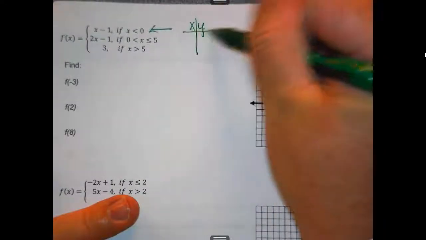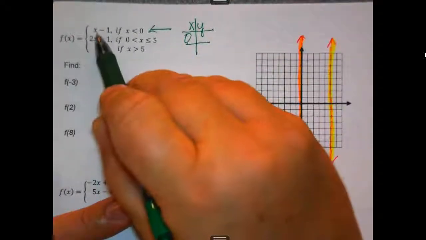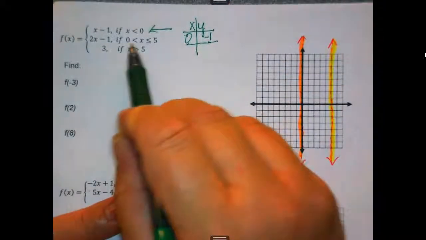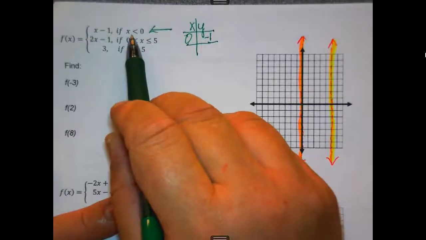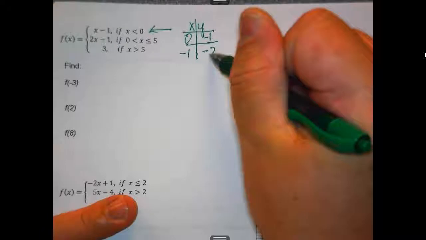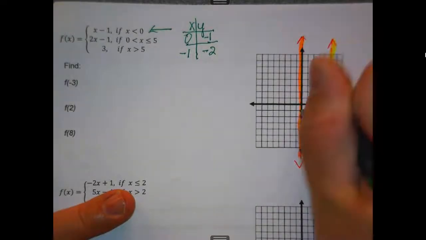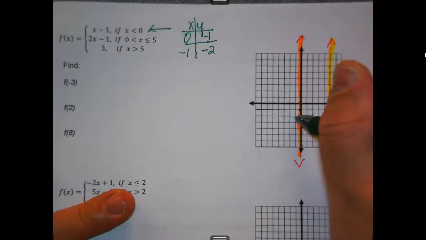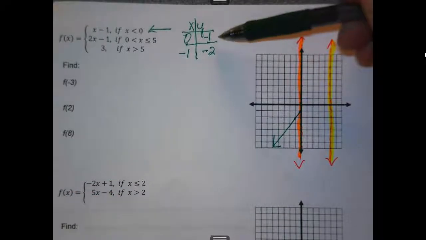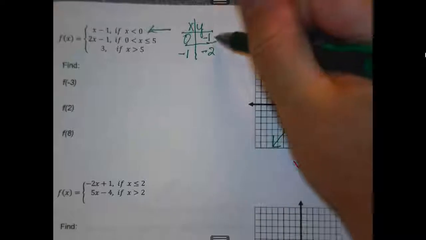What number do I have to use for the first one? Put 0 in, 0 minus 1, I get... Okay, pick a number less than 0. -1 minus 1. Wonderful. There's my 2 points. 0, -1. -1, -2. Okay, open or closed circle at the 0 point? Open.